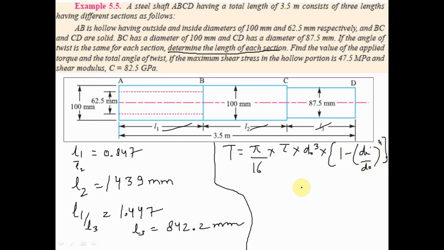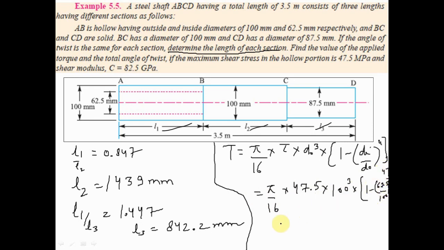Here we have to substitute the values. So pi by 16 will be as it is, shear stress 47.5, then d outer will be 100, multiplied by 1 minus bracket inner by outer, that is 62.5 by 100 to the power 4 bracket close.